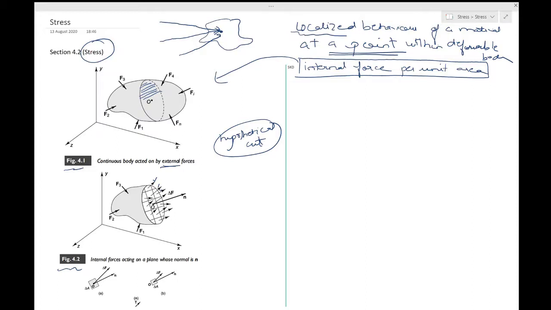Remember with the beam or bar, when you made a hypothetical cut in it, the internal force which you were trying to find became external. The same has happened here. These internal forces after this hypothetical cut have now become external, and hence we will apply ideas similar to those in the previous chapters, and proceed.